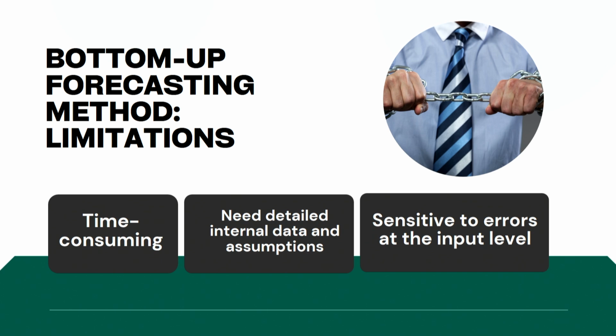Then the second is that it needs detailed internal data and assumptions. Obviously, as far as a company is concerned, you can only adopt the bottom-up method of projecting the income statement provided we have access to detailed internal information about the company, without which it is not practically viable to adopt the bottom-up method, and at the same time we have to assume a number of issues related to different functional domains.